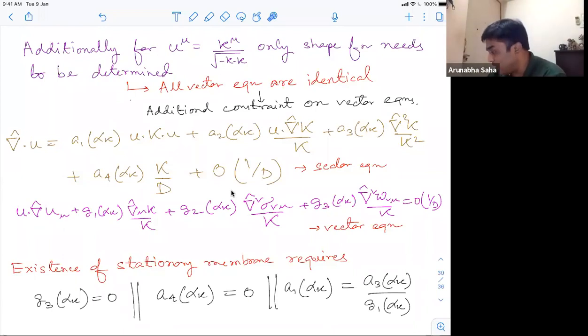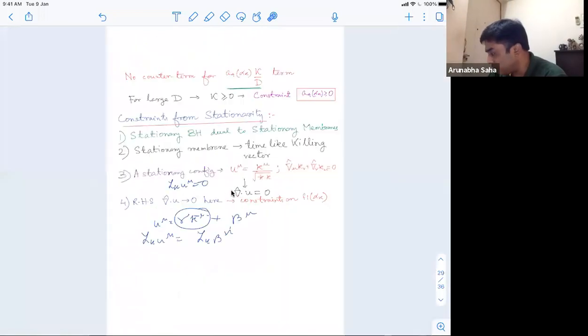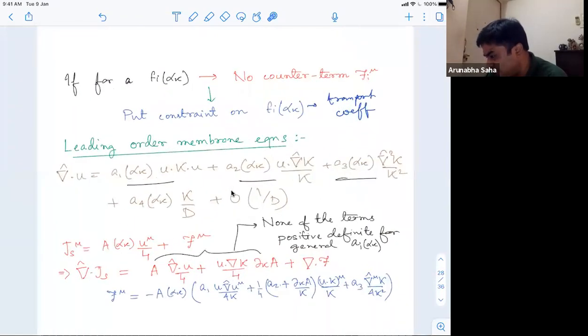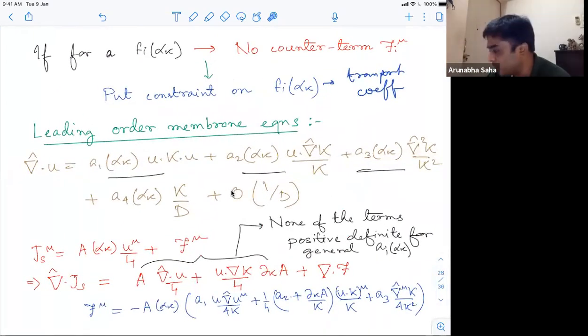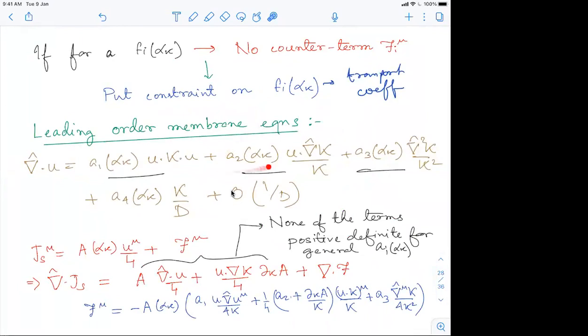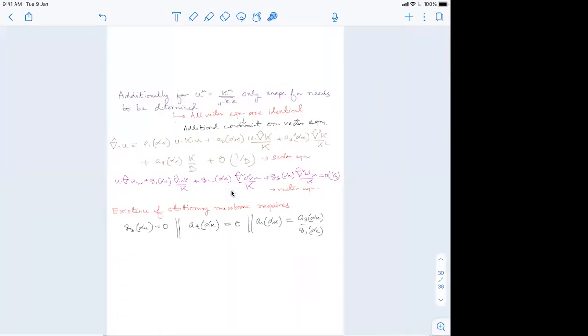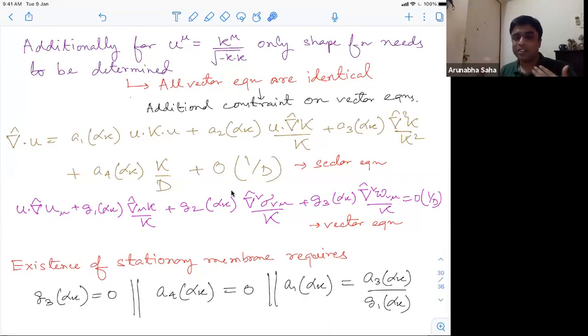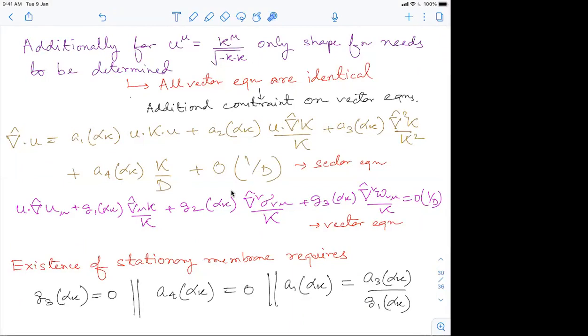And one of the other constraints is that this A1 coefficient here is also determined in terms of this and some other coefficient, A3. The point is that there are many other constraints on the membrane equation by demanding that the stationary solution exists. Good. So A4 equals 0, just from the demand that equilibrium exists. Yes, yes. Okay, thank you.